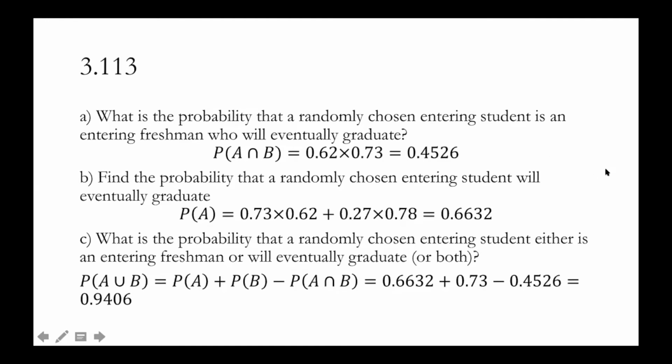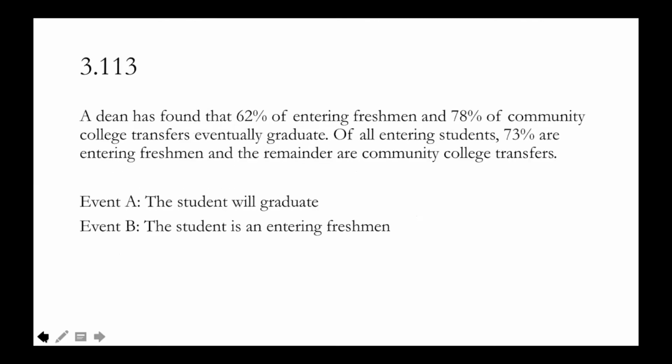And the second question is, find the probability that a randomly chosen entering student will eventually graduate. So here we want the probability of event A. In this specific exercise we have stated that 72% of entering freshmen will graduate.